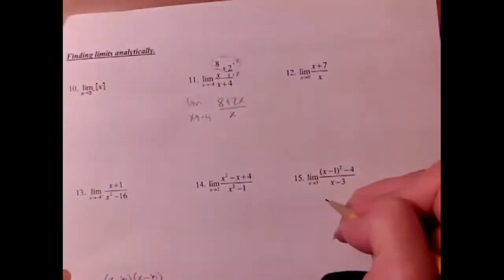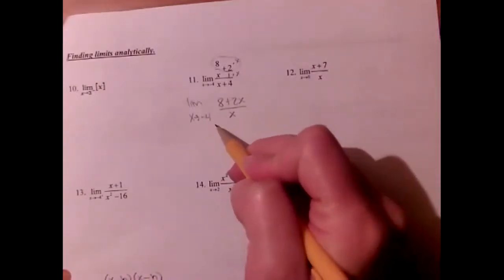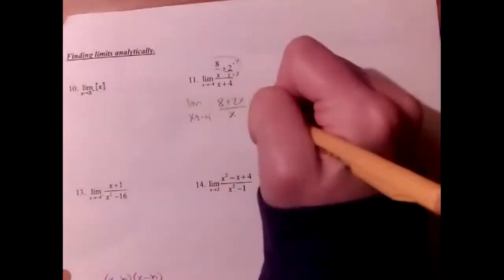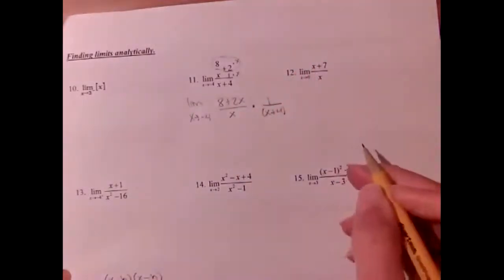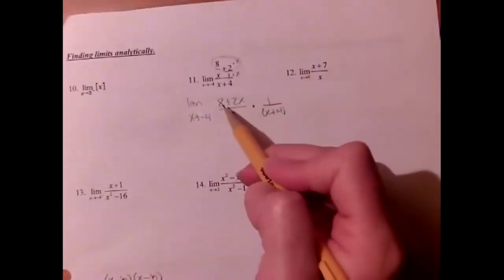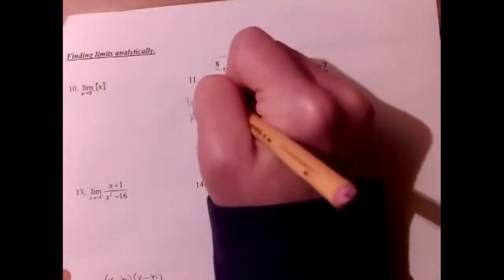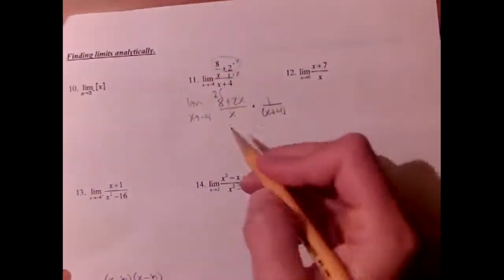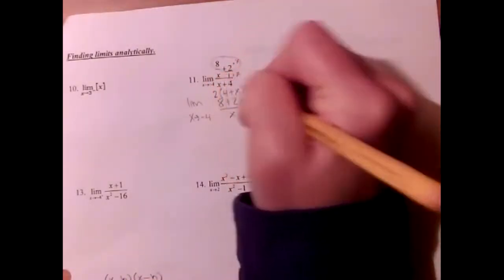Again, lots of algebra here. And then that is all over x plus 4. But instead of having another fraction in here, I'm just going to put the x plus 4 off to the side so that it's not a fraction within a fraction. And then we can factor a 2 out of this part. If I take out a 2, I'm left with 4 plus x.